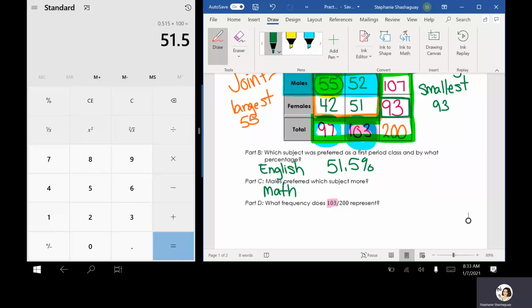And because that 103 is in our margins, it is telling us the marginal relative frequency of students that prefer English.